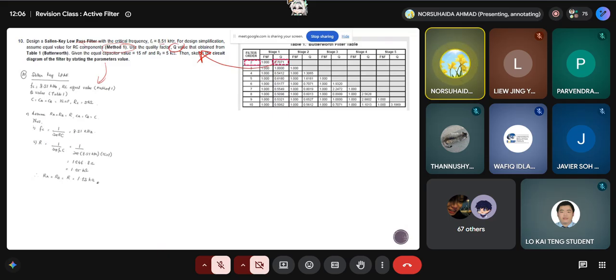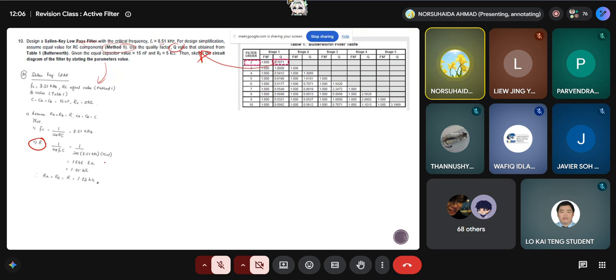So we assume that, because this uses method number 1, RA equal to RB equal to R, CA equal to CB equal to C. So from this information, we get the FC equal to 8.5 kilohertz. To get the R, like the previous question, we reshuffle the equation.